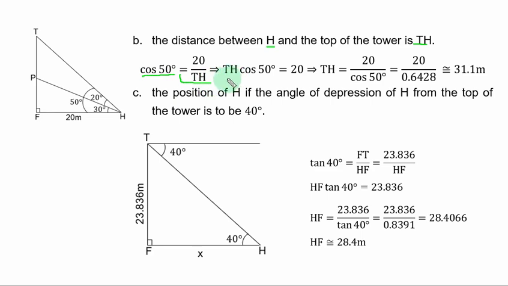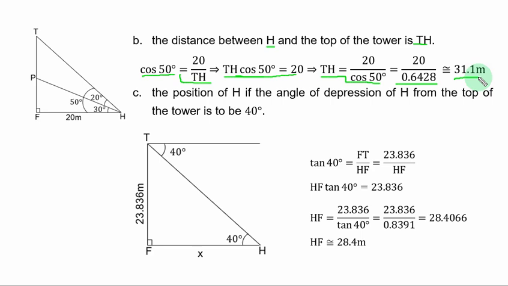If you cross multiply, you have this result. To get TH, divide through by cos 50 degrees, and you have TH equal to 20 over cos 50 degrees, and that is this.